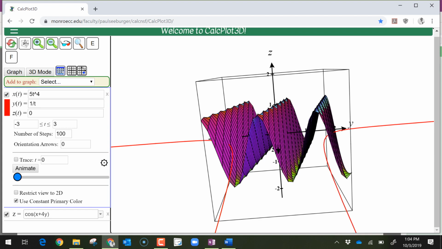What does the composition of the two functions mean? What does it mean when you put the x and y value in? Let's say I pick this one particular x and y value over here somewhere. What does that mean when I put the x and y value from that point into the function? Any ideas?